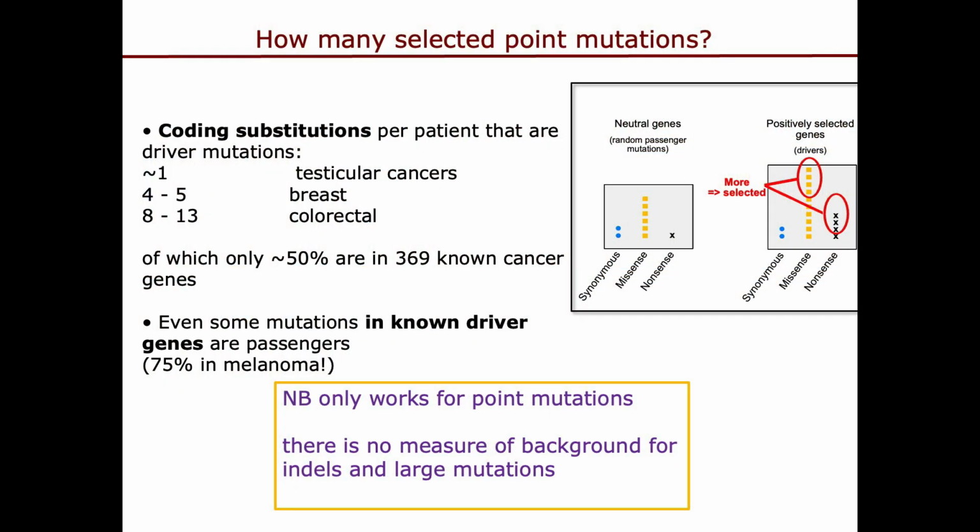Just to reiterate, this analysis only works for point mutations. We don't have a measure of the random background rate of mutations that are structural changes in the DNA. And so in cancers like breast cancer and ovarian cancer, for example, where there's a lot of DNA rearrangement, it's very difficult to identify genes that are targets of this rearrangement, because it's not easy to distinguish between rearrangements that are simply random breaks in the genome and rearrangements that are targeting a specific gene.